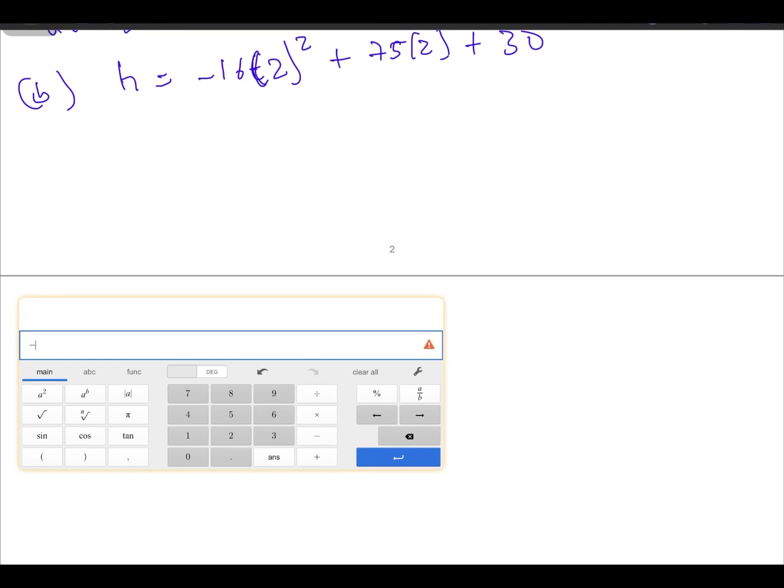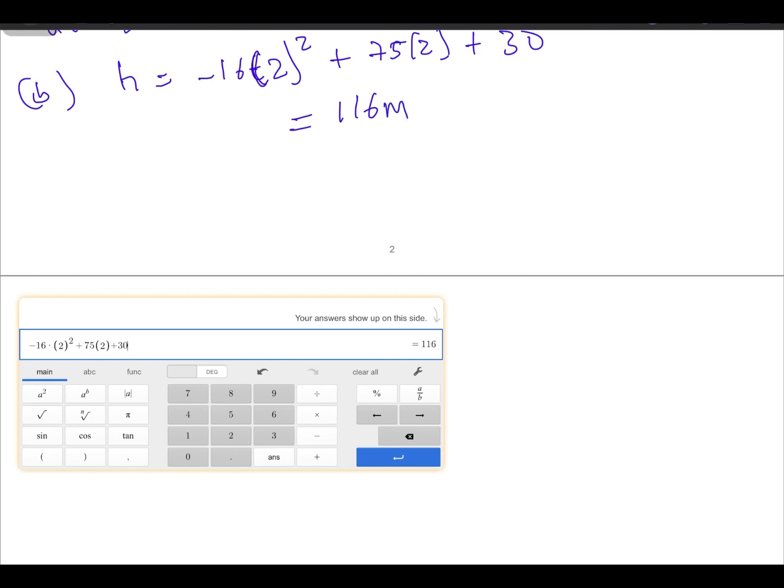So looking at the calculator, negative 16 multiplied by, into brackets, 2 squared, and then plus 75 also times 2 plus 30, and we have our final result to be 116 meters.